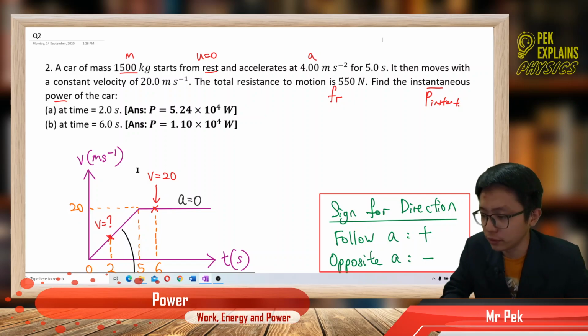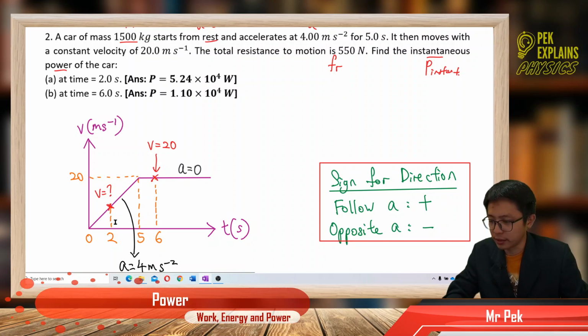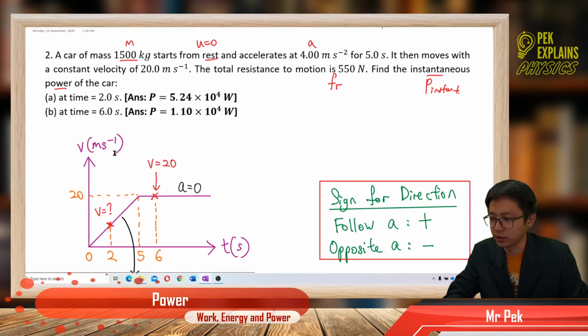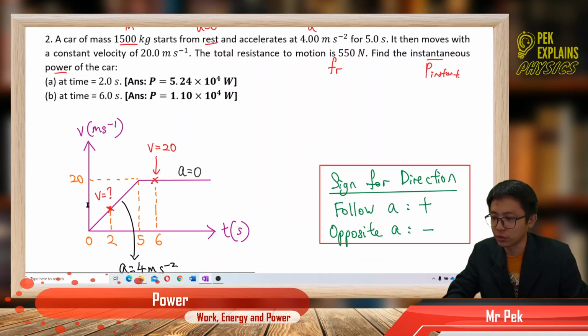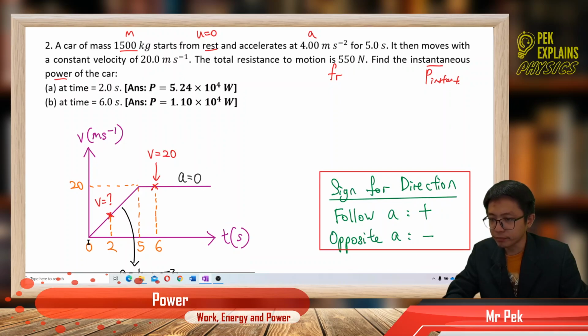Now it's better if we draw a graph for this question to represent the motion. So we draw a velocity-time graph to show what happened. It starts from rest, so the velocity starts from 0 and increases to 20 in 5 seconds.